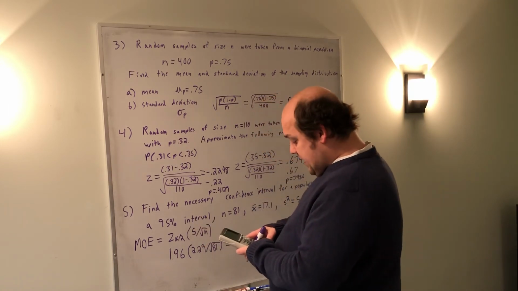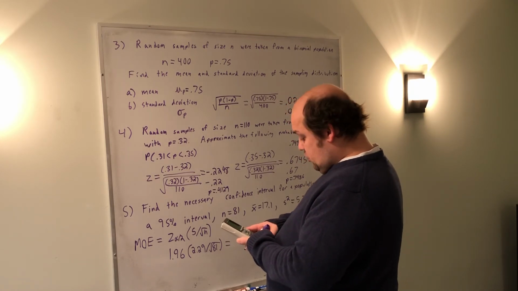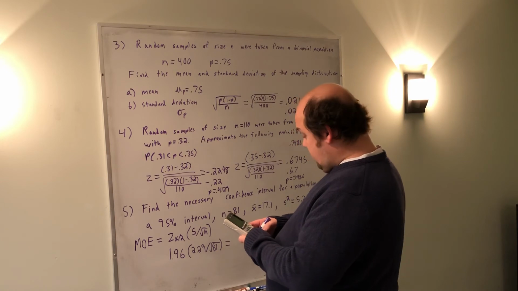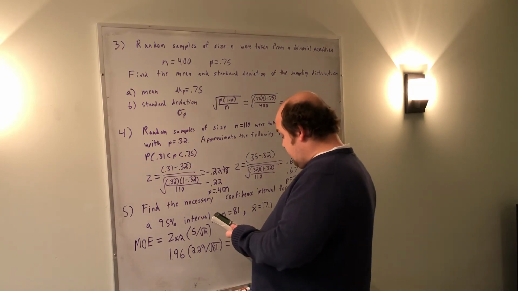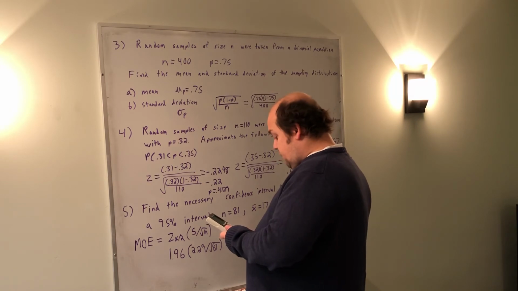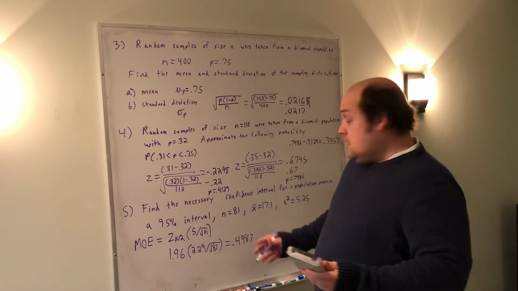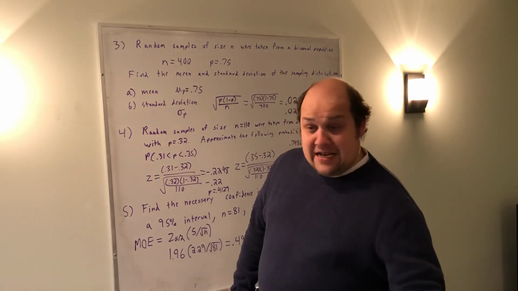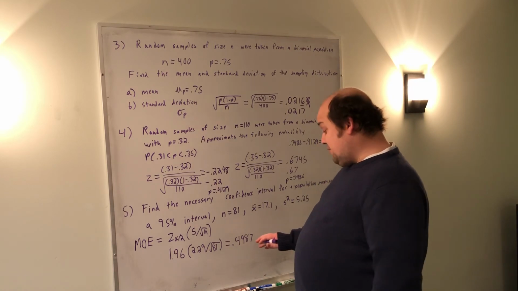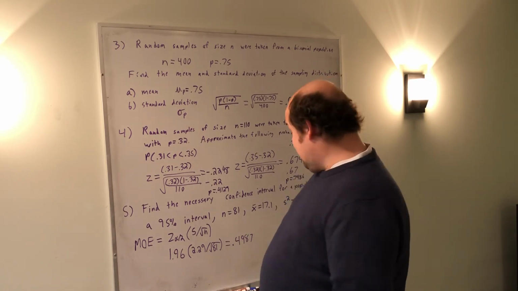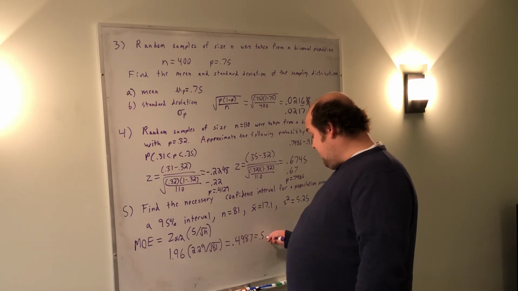So when I put into my calculator 1.96 parentheses 2.29 over the root of 81, my calculator tells me the margin of error is 0.4987. Depending upon how many decimal places it asks me to go, I would want to round this. I believe this only asks me to go to 3 decimal places, so even then, it really rounds up to 0.500.